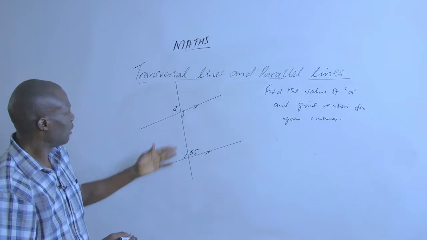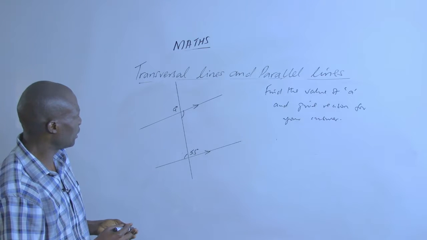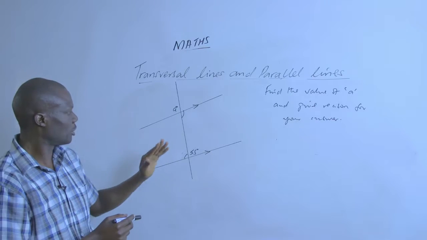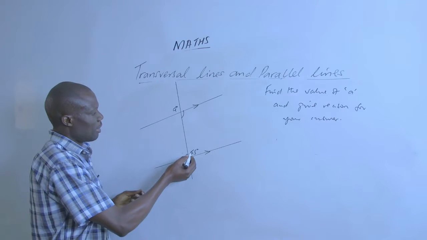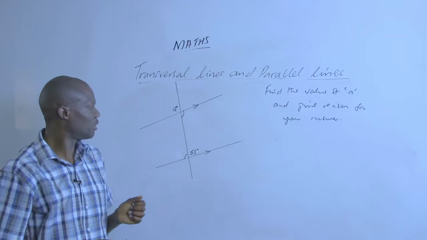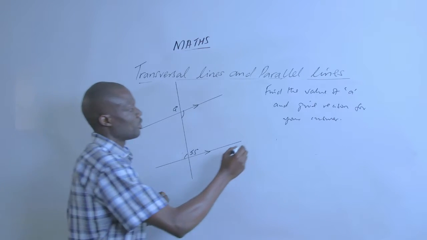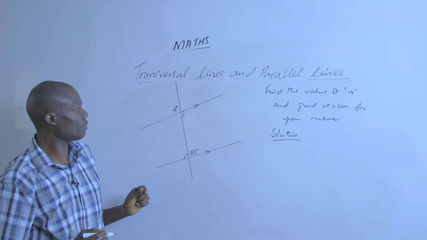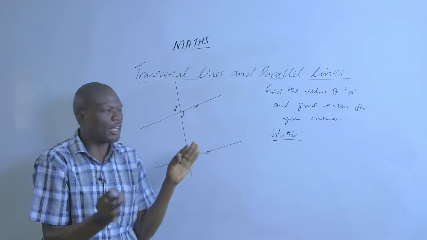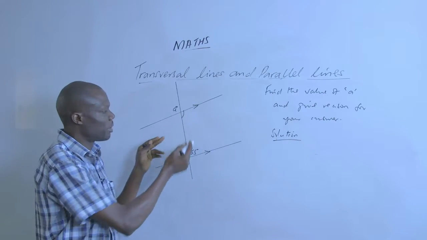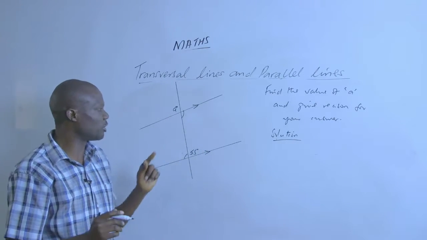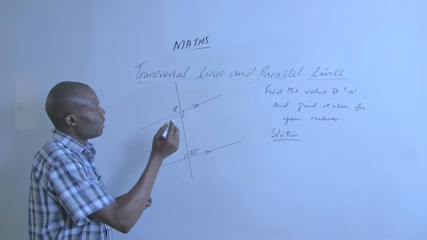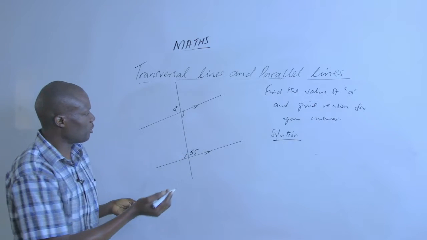So first, we need to look at the relationship that exists between these two angles. You'll find that the angle that we have here is 55, and for our solution, A is not anywhere closer or inside the two parallel lines, but it is outside. So we need to look at it from a wider perspective. So we shall find the other angles that we are able to get.